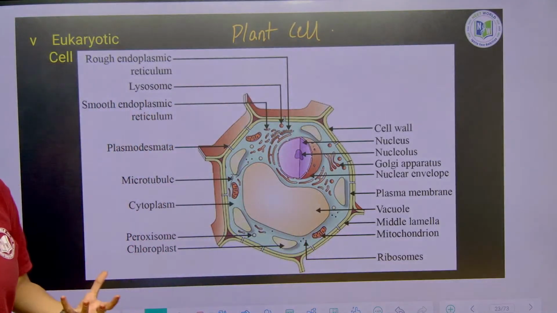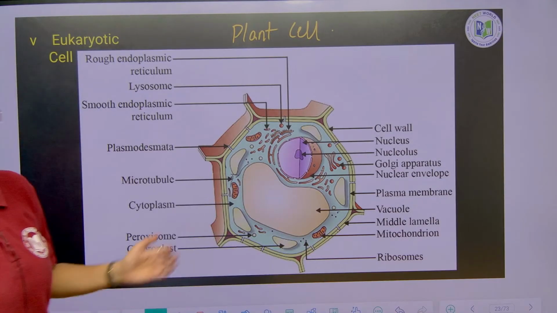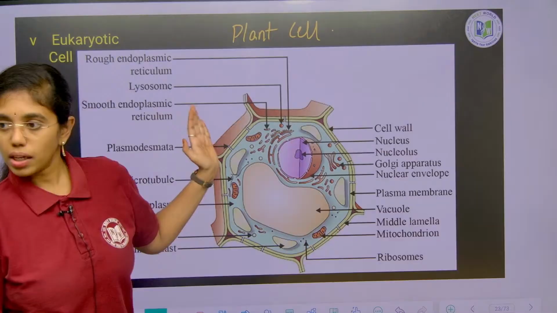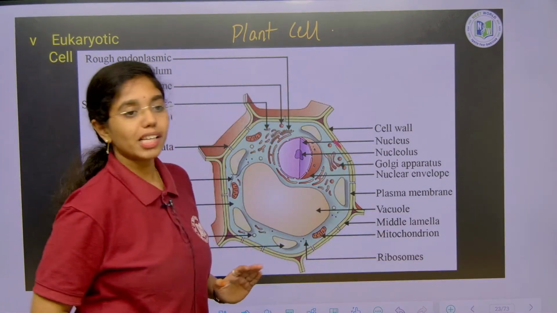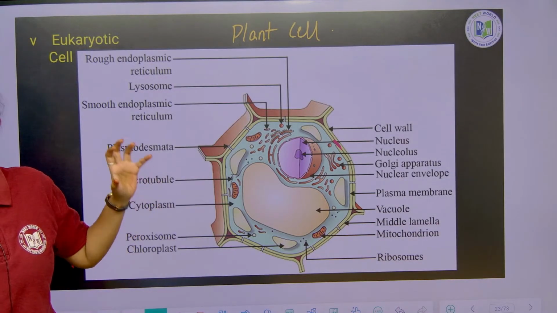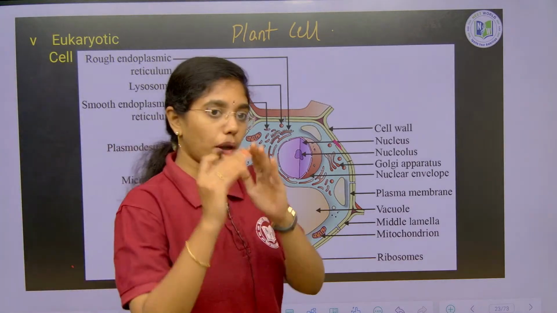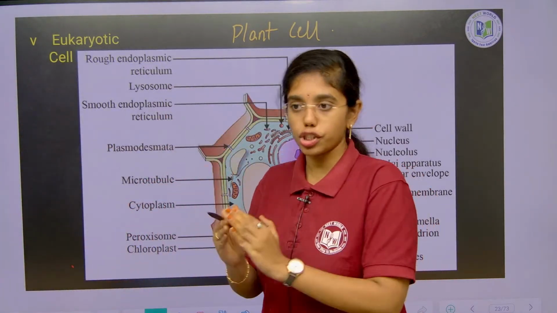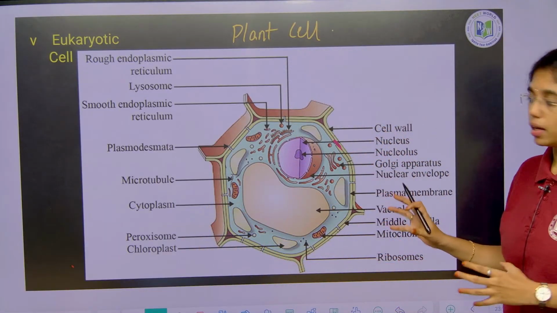Even though diagram based questions are asked, we should be comfortable in answering them. Outermost layer is what? Cell wall. Cell wall is connected via plasmodesmatal connections. This plasmodesmata will have desmotubule inside it. I will tell you in detail when we are discussing each region of the cell. As of now, you just remember the labelings.